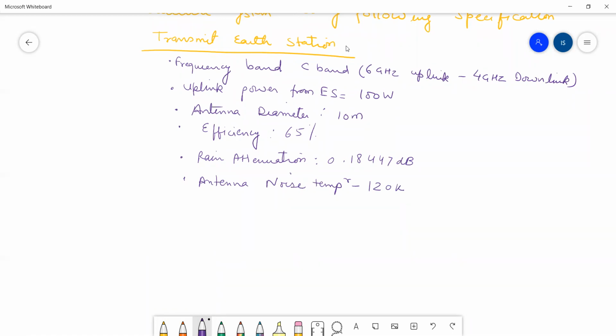And signal bandwidth. The signal bandwidth is given as 36 megahertz full bandwidth. And the distance from the Earth station to the satellite is given as this kilometer.